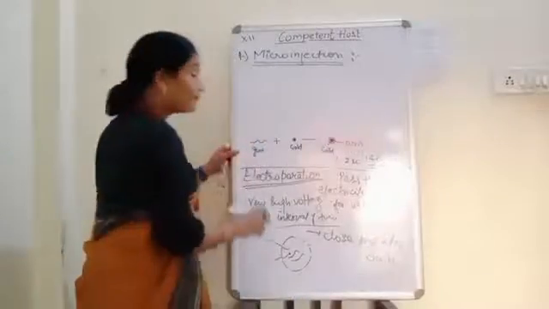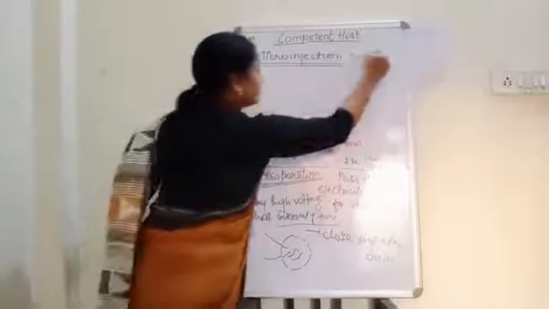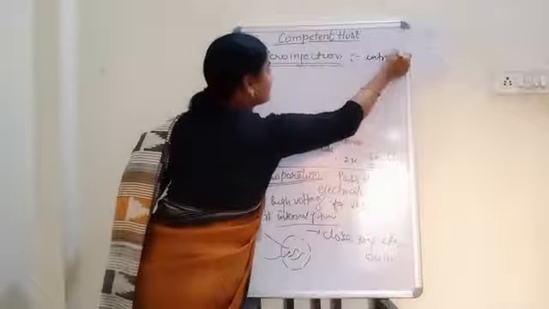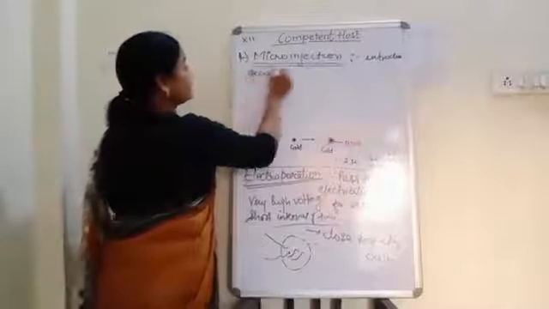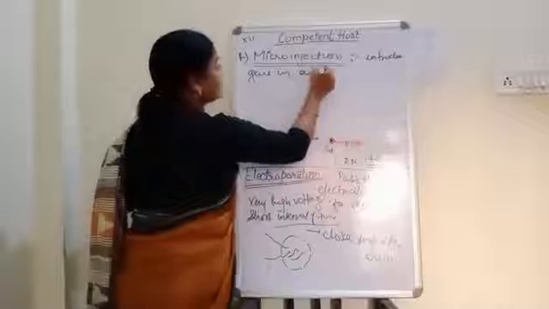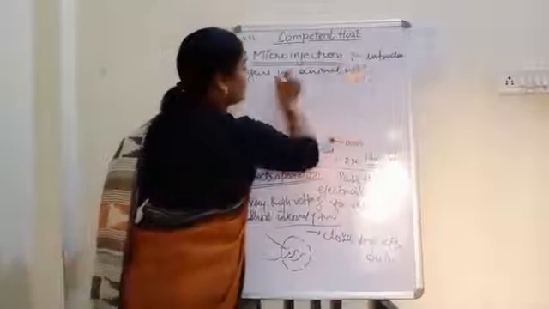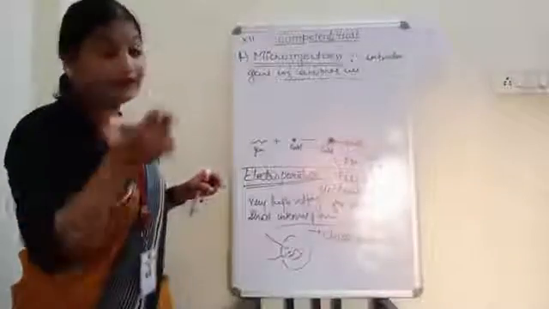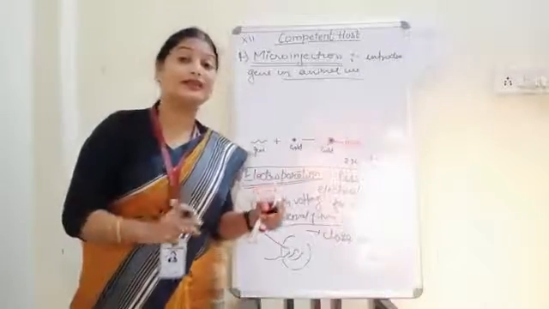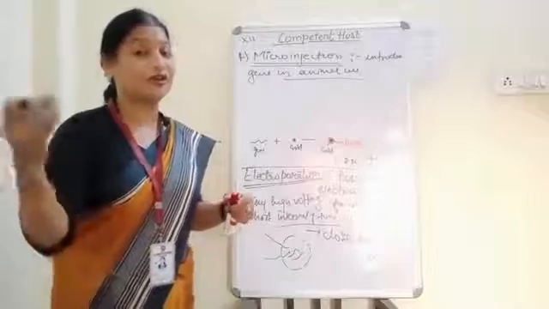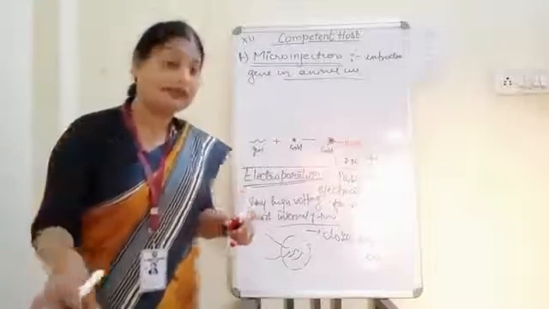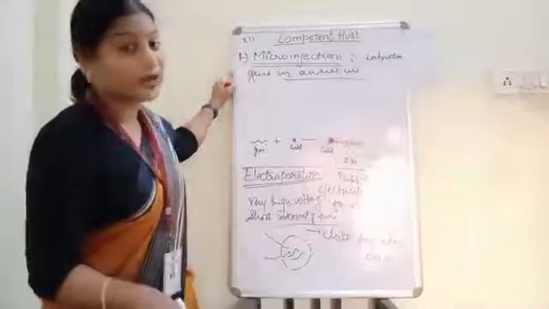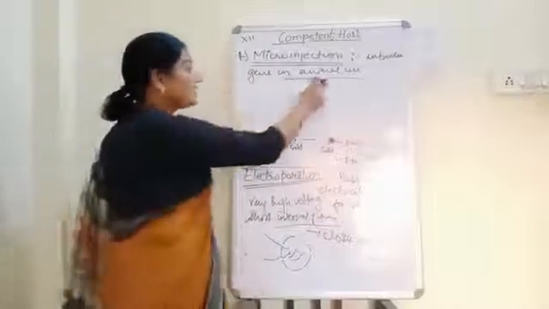In this, we can introduce a gene in an animal cell. Whatever methods we have studied so far can be used for adding the desired gene in a prokaryote, a plant cell or a fungal cell. This method we can use for the animal cell, and that is the microinjection.